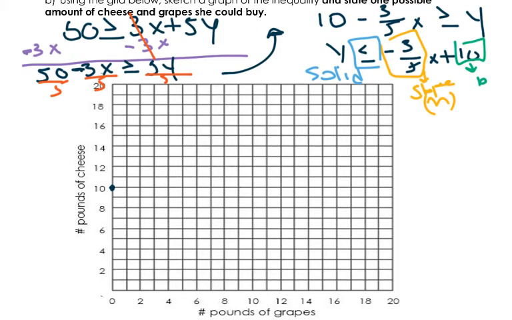And then we know what the slope is. It's down 3 over 5. So I'm going to go down 3 and then over 5. 1, 2, 3, 4, 5. And I'm going to do that again. And again. Okay. Now I know my line's going to be solid.